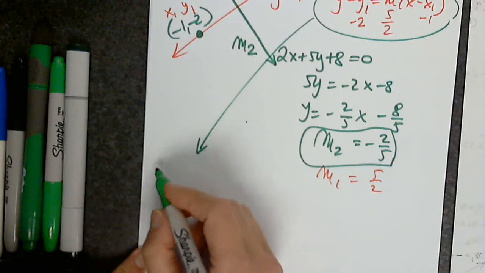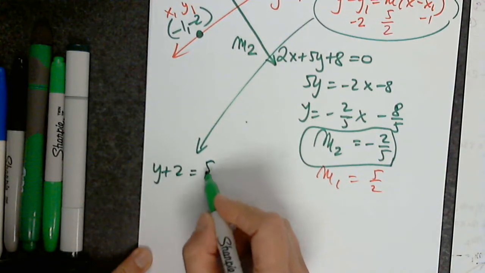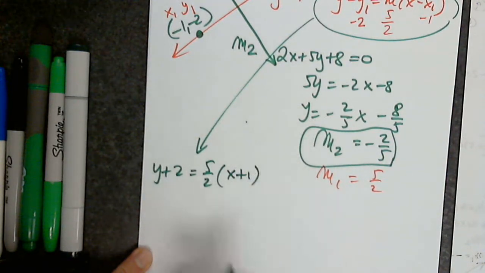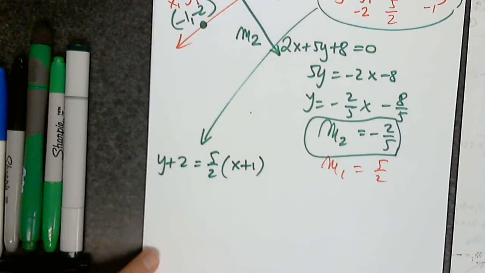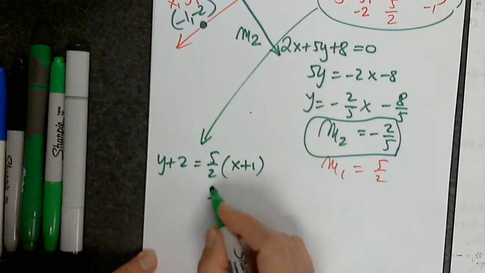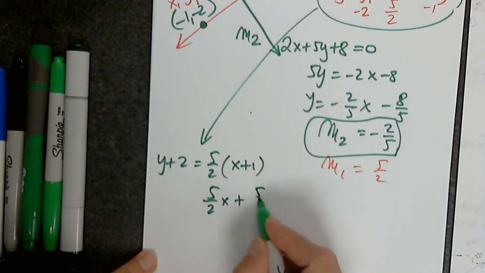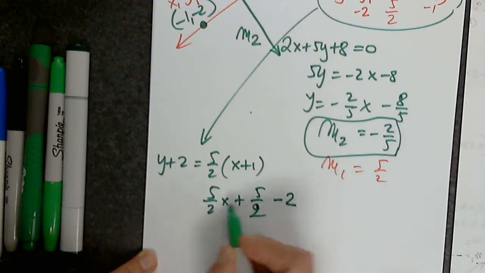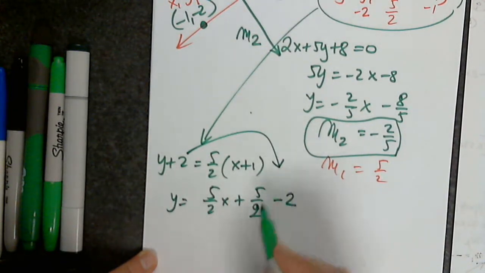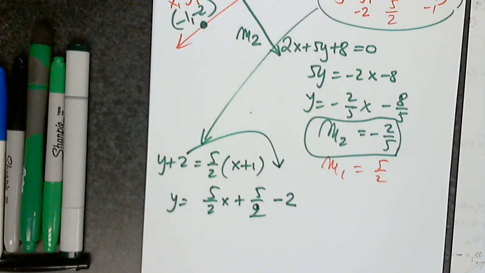So now I take all this and put it in. Y plus 2 equals 5/2 x plus 1. I have to distribute 5/2. 5/2 x plus 5/2, and minus 2. Have to move 2 to the other side, changing its sign.